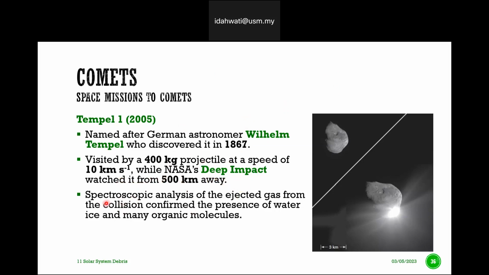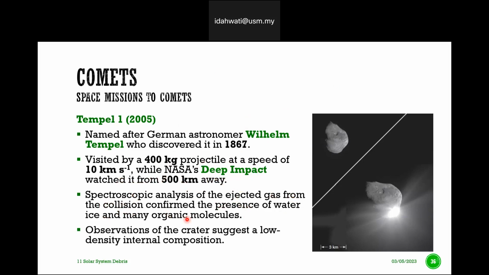They did spectroscopic analysis of the gas ejected from the collision, confirming the presence of water ice and many organic molecules. The observation of the crater suggests a low density internal composition.